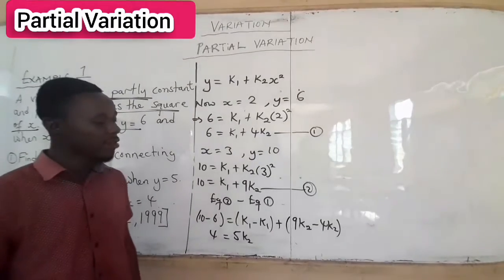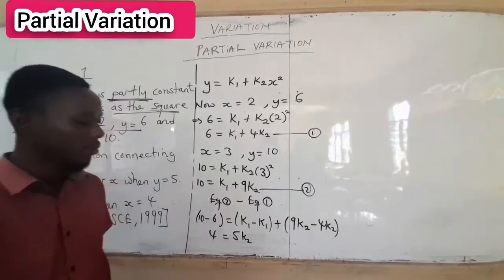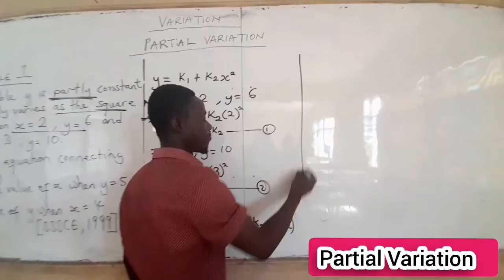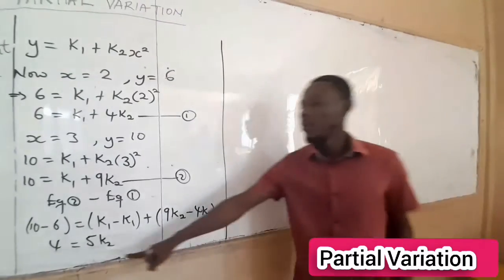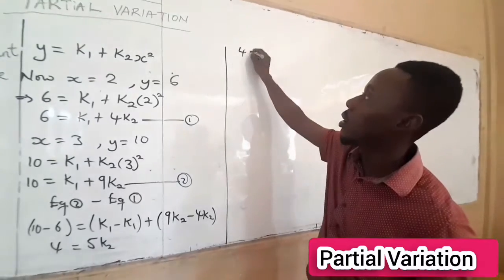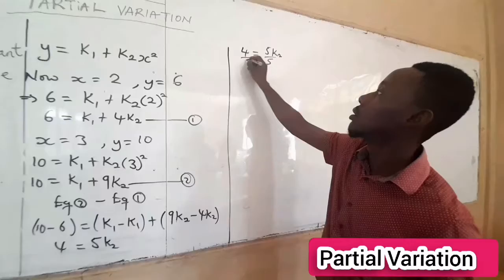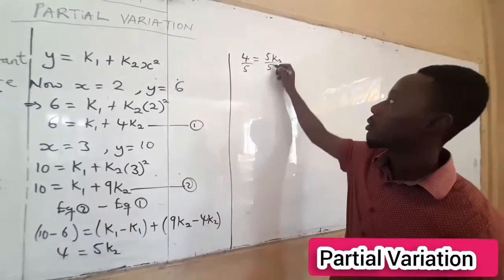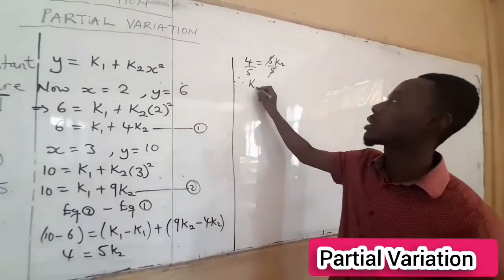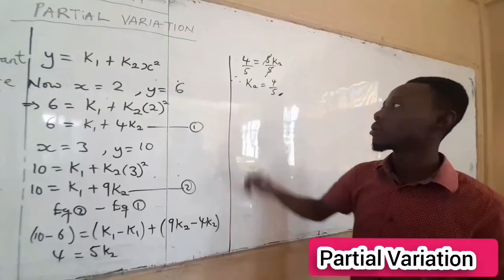Making k2 the subject, we have to divide both sides by 5. Then 5 will divide 5, therefore we can conclude that k2 is equal to 4 out of 5.